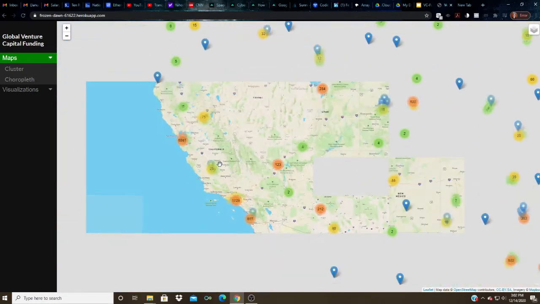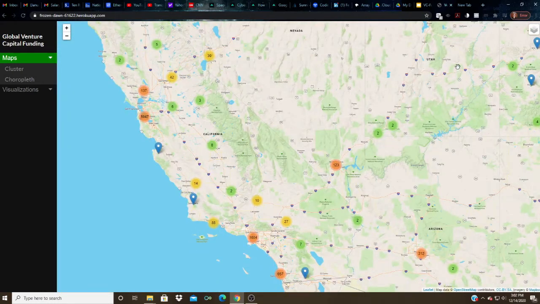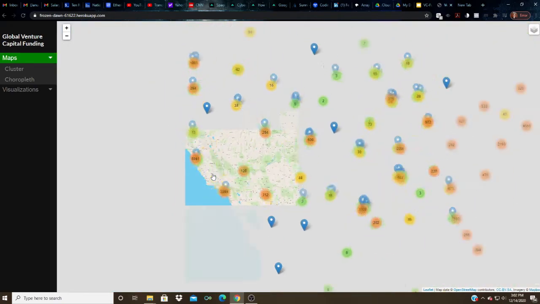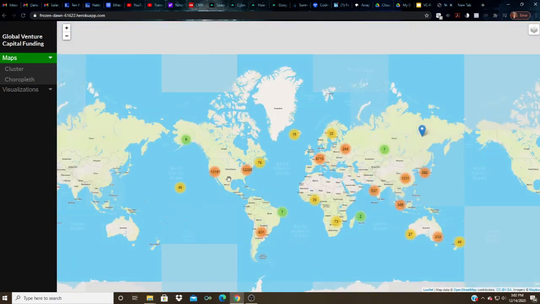You can keep zooming out. If you zoom out all the way, you can see huge regions. Like this is China and northern India, and then Southeast Asia, I guess.